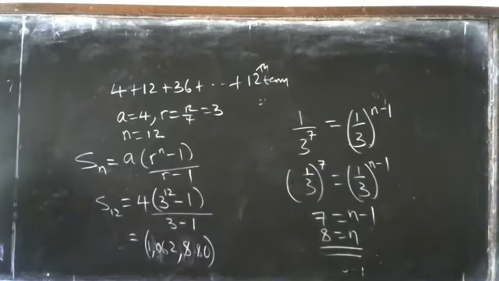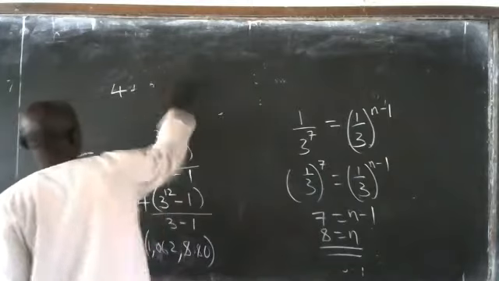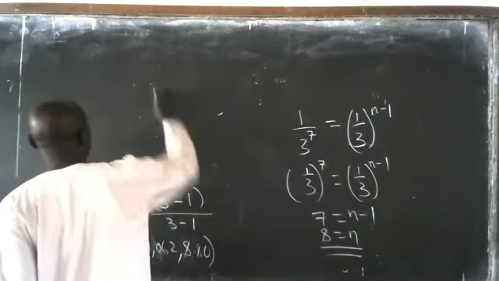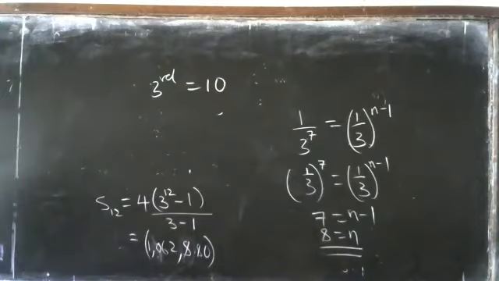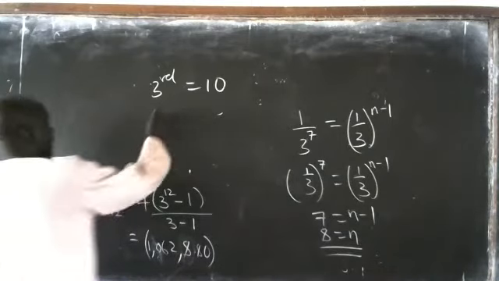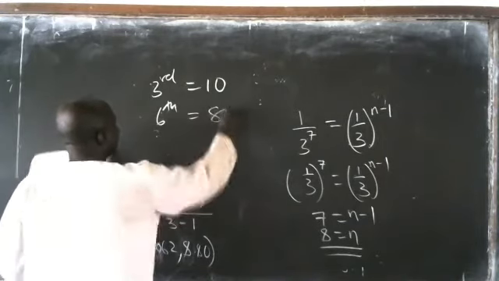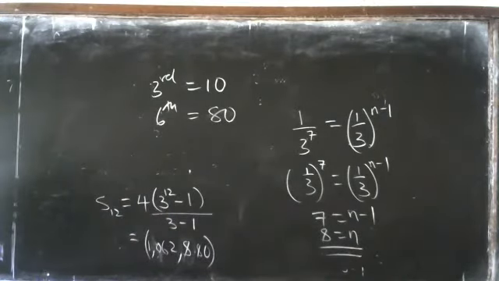Next example. The third term of a GP is 10, and the sixth term is 80.